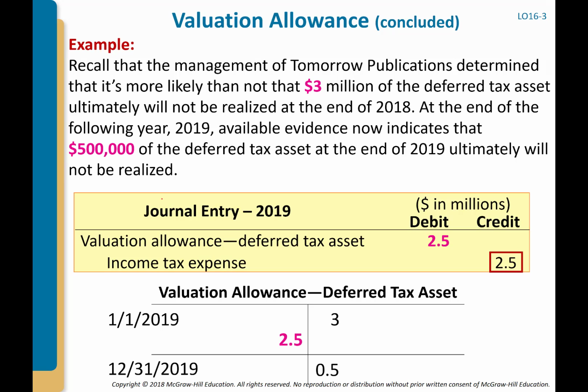And when they debit the valuation allowance for 2.5, they decrease the tax expense, because they're saying, hey, I think I'm actually going to benefit from more of these deferred tax assets than I thought.